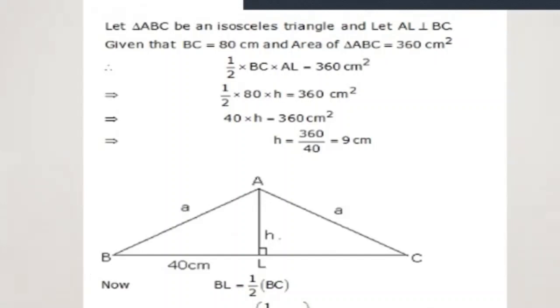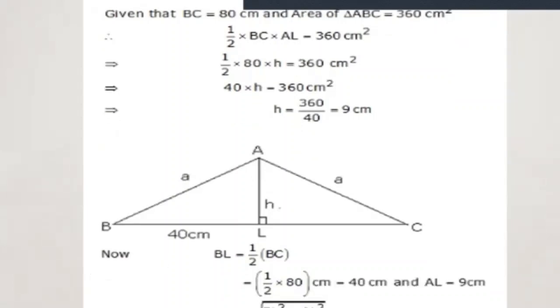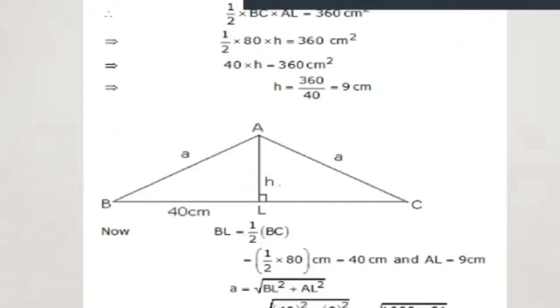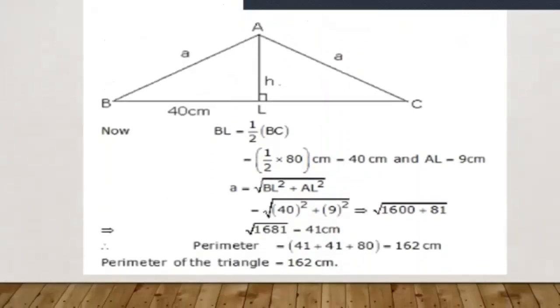The perpendicular will be your height. It will divide the base into 40 and 40. Area is given to you, you find the height, which is 9 centimeter. Once you get the height, you find the other side A. Both the equal sides are A and A, which is 41.